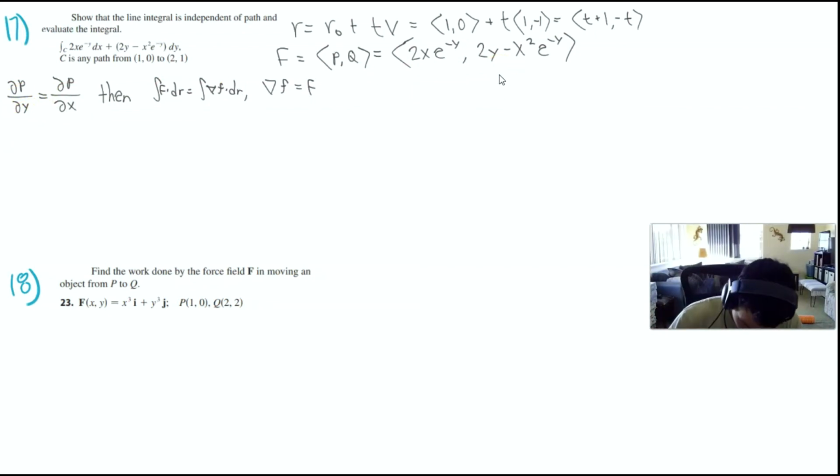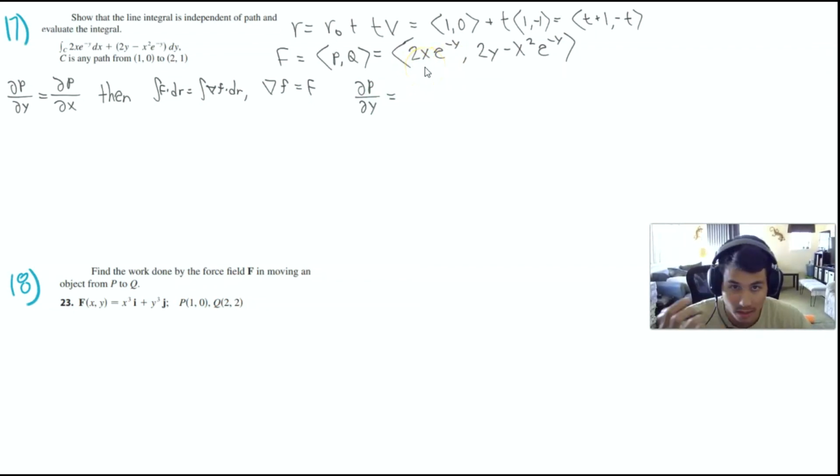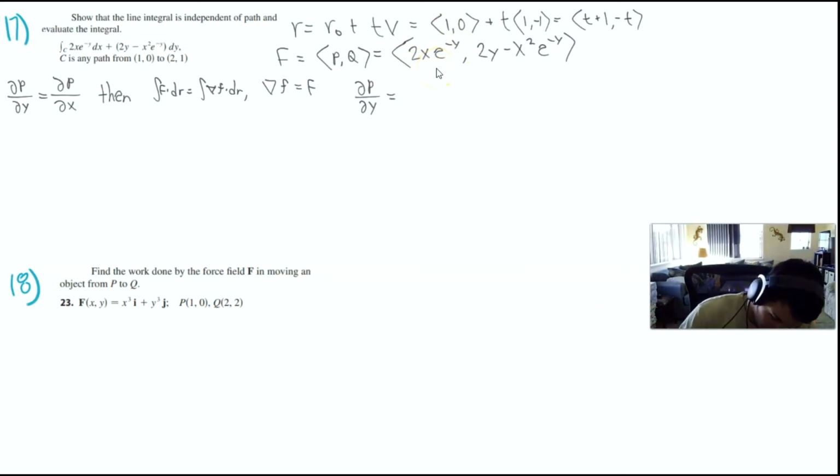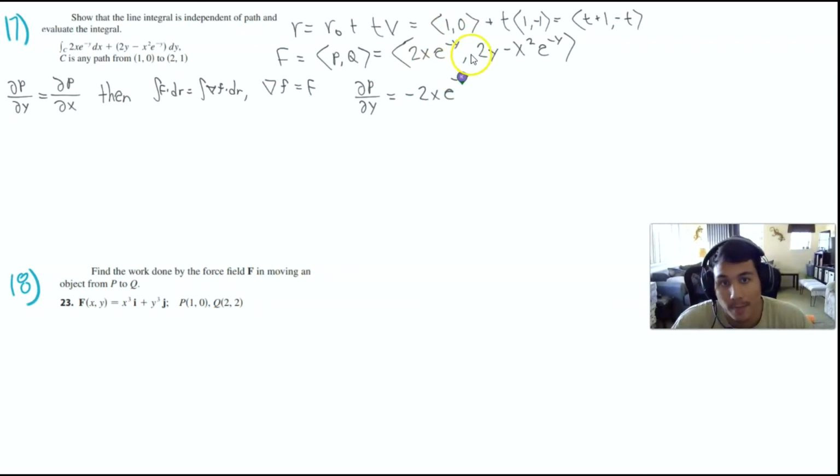So I'll write dP, not dP, it's dP/dy. What is this with respect to y? It's 2x e to the negative y divided by negative 1, so it's just negative 2x e to the negative y. What is this with respect to x?